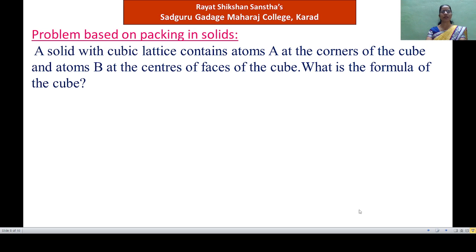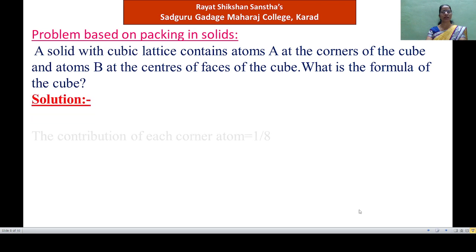It is very easy. Now see here how this formula is determined. Here it is said that the cubic lattice contains atoms A at the corner of the cube.